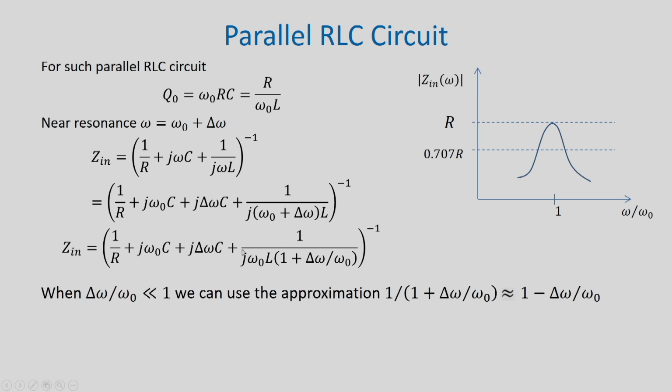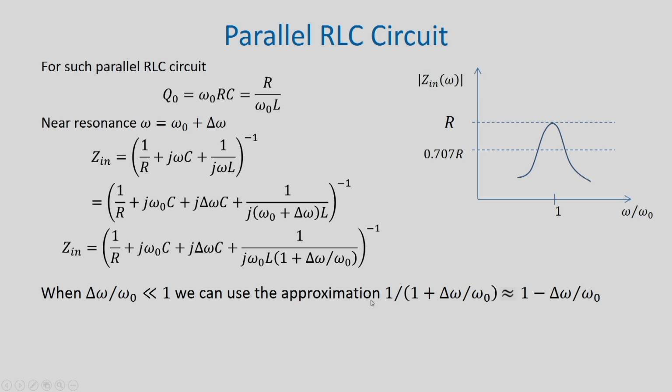Now, this term we can do some approximation, particularly because delta omega by omega naught is very small compared to 1 when we are operating this circuit near the resonant frequency omega naught.